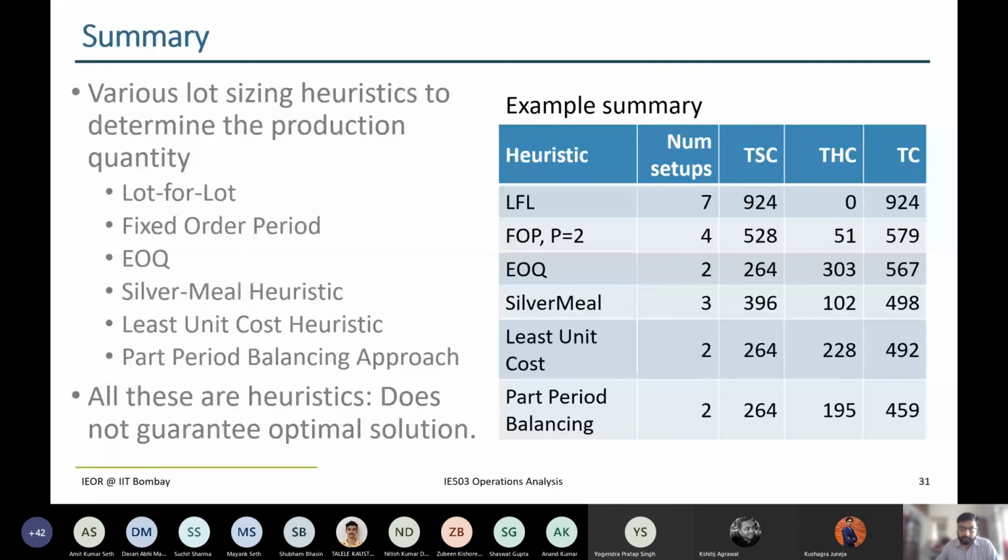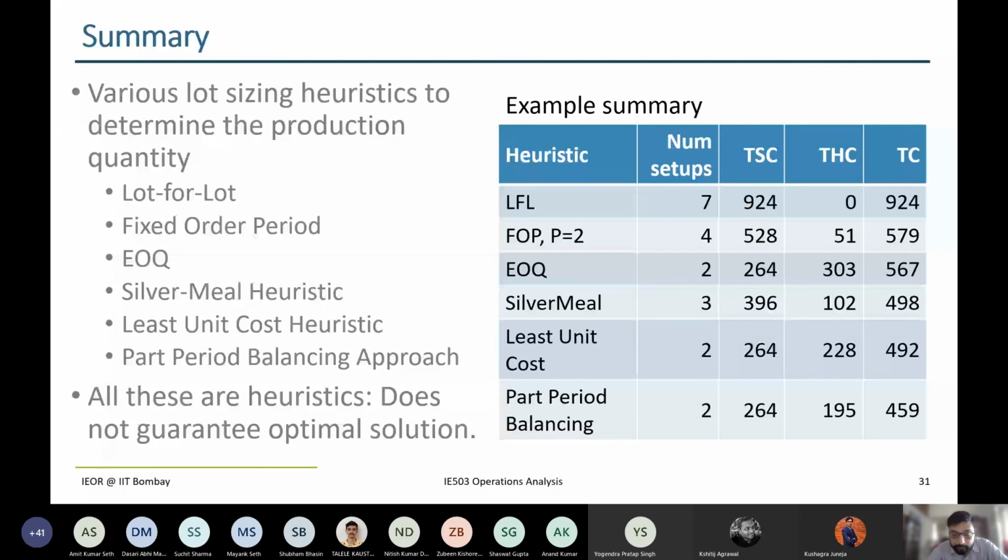Everything is constant. There's no stochasticity. I also know the trade-offs I need to make. I need to trade off the holding cost against the setup cost, and I have to minimize the total cost. So this can actually be written as an optimization model, and we can solve it to get the exact solution. We look at the exact solution approach in the next class. It will be very interesting. So any other questions? I can take them now.